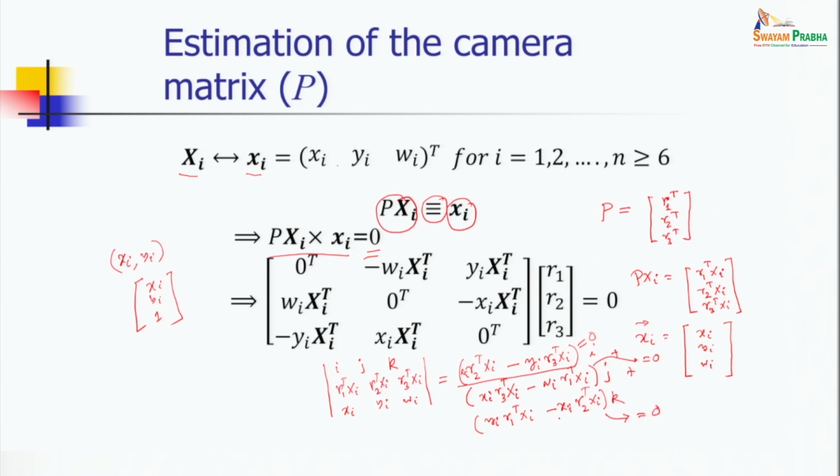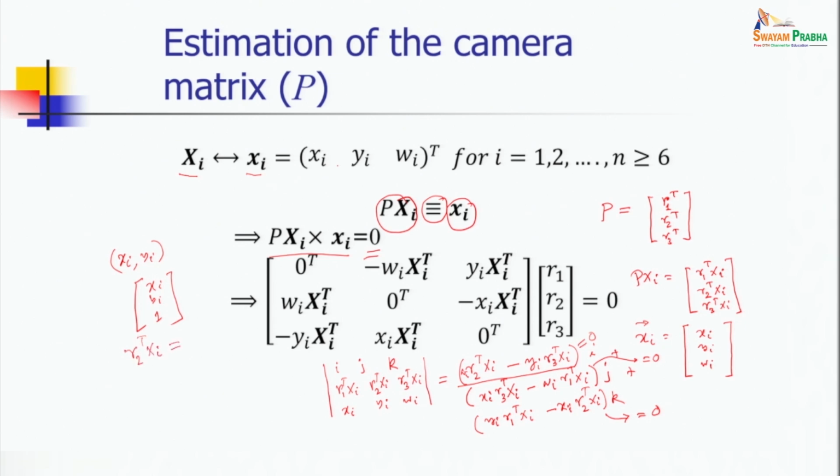So, let me write this equation once again. What I will do here, I will consider a transpose operation of two vectors. Because it is a scalar operation, consider R2 transpose xi.